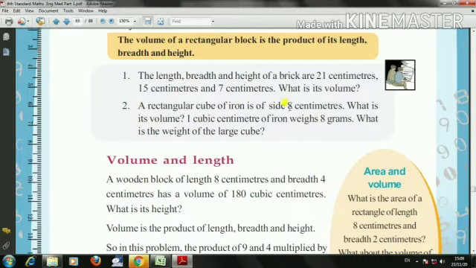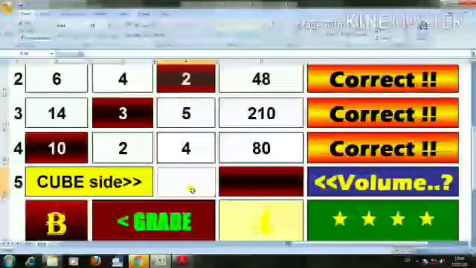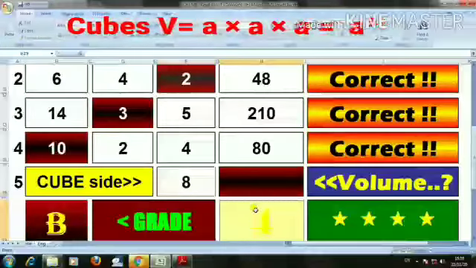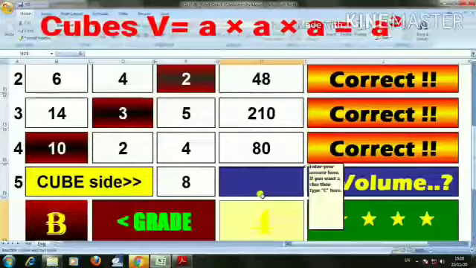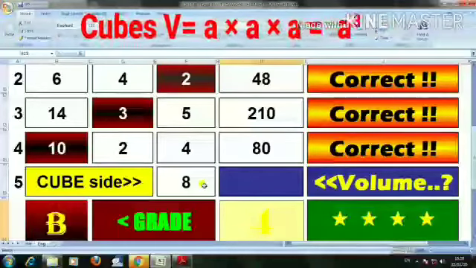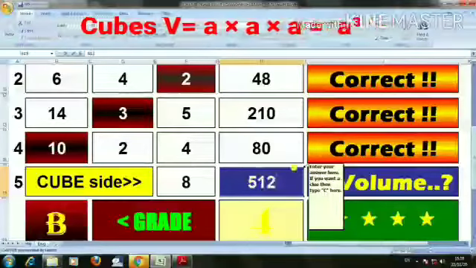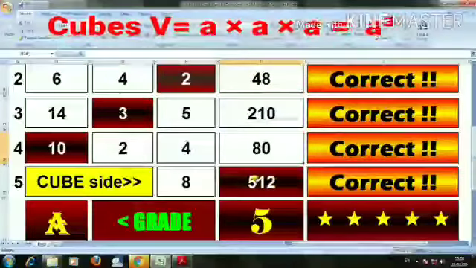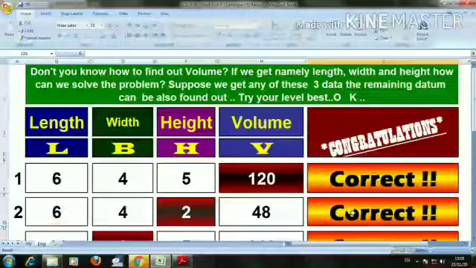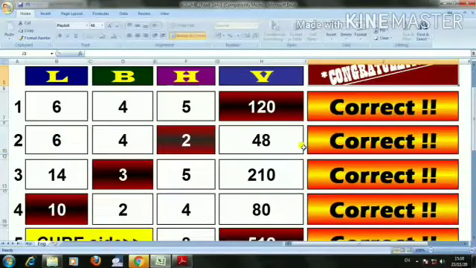The side is 8 centimeters. We enter the 8 here. Now what is the volume? 8 into 8 is equal to 64 into 8 is equal to 512. That we enter here. See, it is also correct. Now we have got 5 marks, A grade, 4 stars. We have been congratulated here. That's about this question.